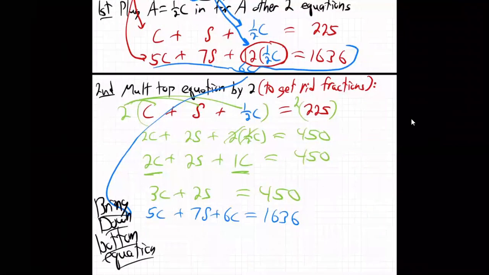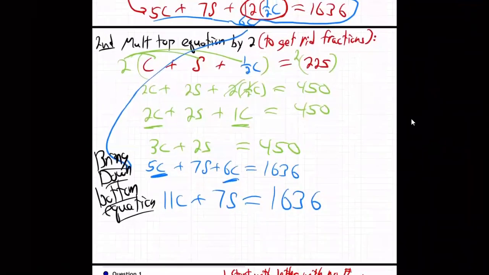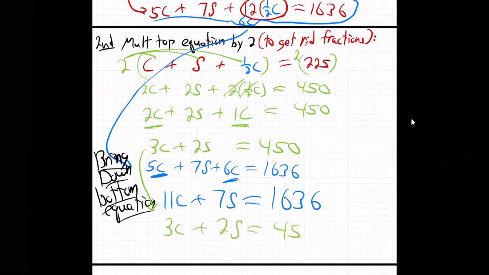Clean it up a bit. So 5C and 6C is 11C. Okay, this is a tedious problem. So now let me bring this one down also. Now we've got two equations with two letters.